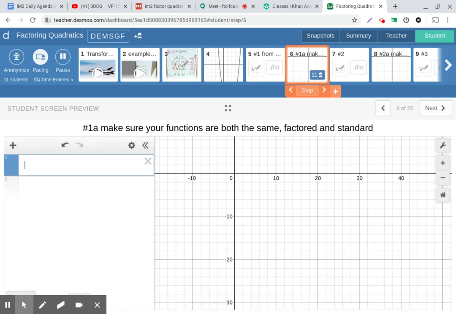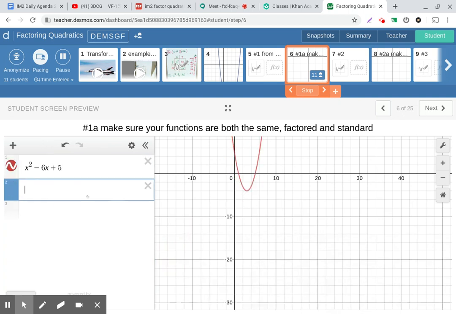Now I'm not sure if it'll, was it minus 6x? Well, r minus 6 plus 5. Yeah, so go ahead and use x's because Desmos doesn't like r. Okay, so you're going to do x squared and then minus 6x and then plus 5.